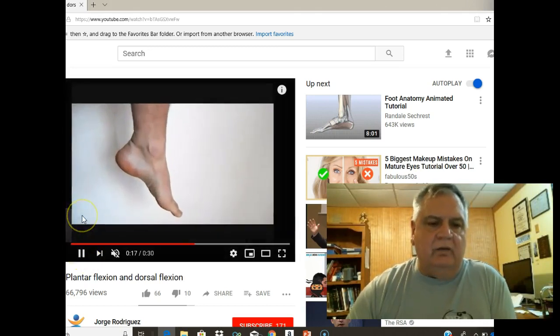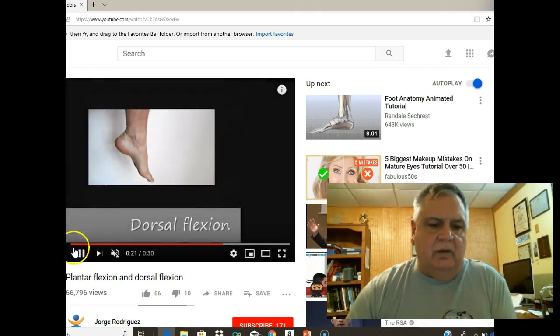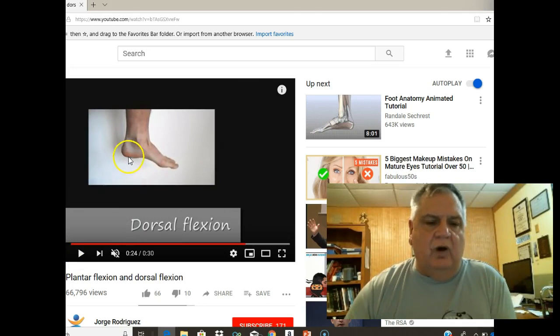On the other hand, if we take the joint and look at dorsal flexion or dorsiflexion, notice that as the toes are being lifted back up toward the shin, the angle of the anterior side of the joint is getting narrower. When the angle of the joint is being reduced, that's referred to as flexion.